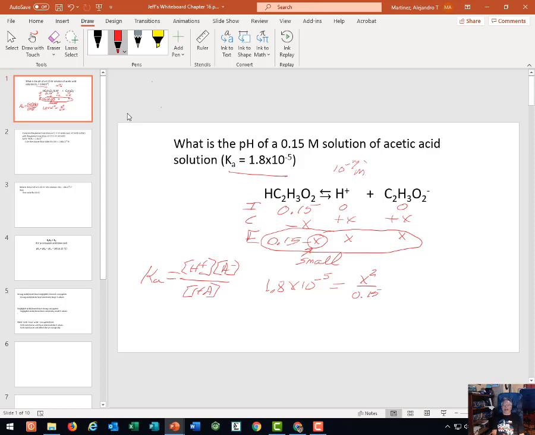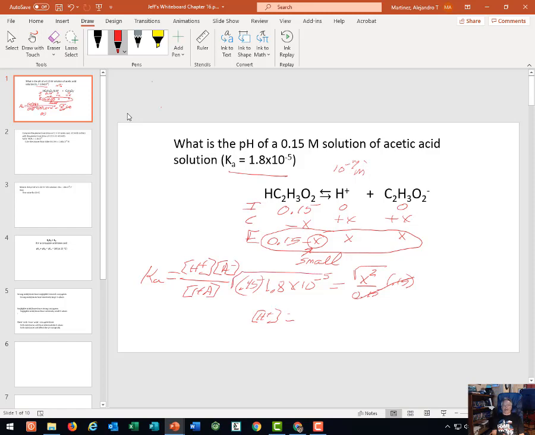To solve for x, which is the hydrogen ion concentration, that's what we're interested in finding out, we're going to multiply both sides by 0.15. It'll cancel over here, and 0.15 molar over here. And then we're going to have the x squared to take care of, so we're going to take the square root of both sides.